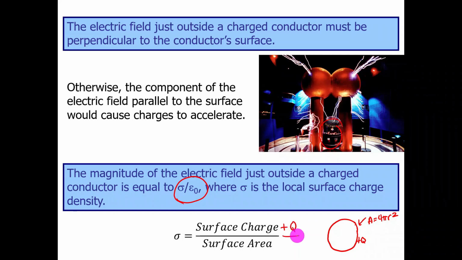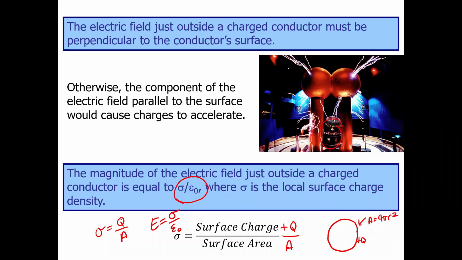That would be a positive Q over my surface area of A. So basically what this would allow me to find is my electric field using Gauss's law, because my sigma here would be Q over A, and my electric field is equal to sigma over epsilon naught, and that is always going to be true.